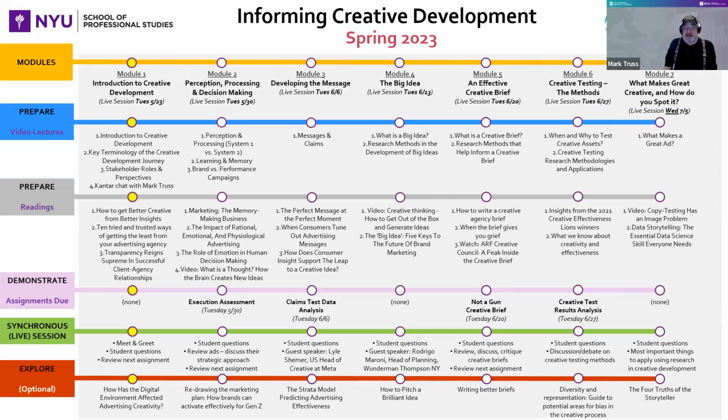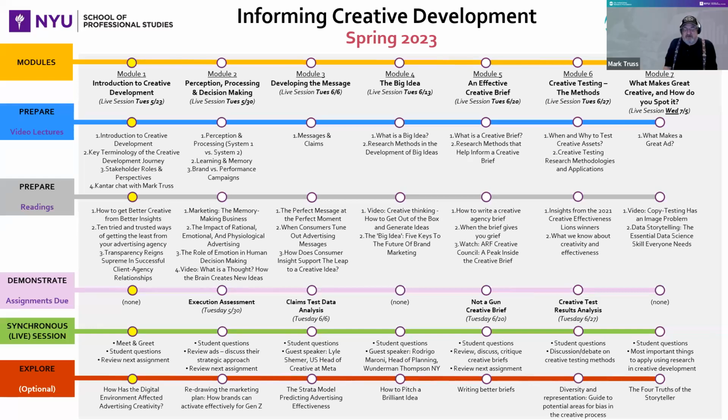How do we then develop the message we want to put into our advertising campaign? What is the big idea? You'll hear that term a lot in advertising. So we're going to talk a bit about, well, what is it really, and how do you get to one, and what does it do?